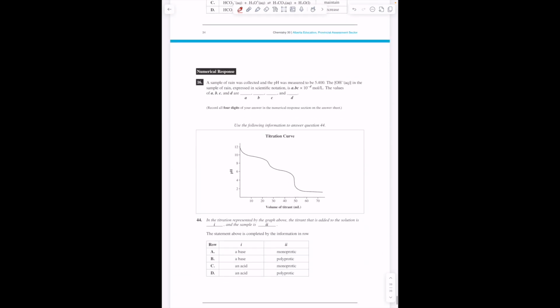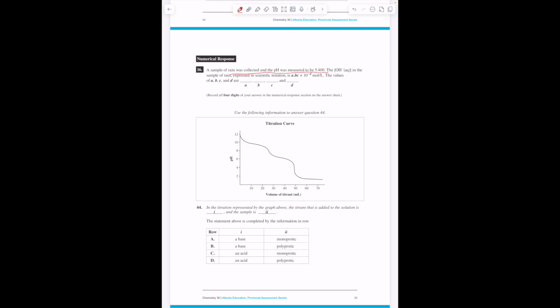All right, 2 more questions. Let's go. Rain is collected, pH is 5.4. Okay, they want to know the OH. Well, okay, so that's the trick, right? You got pH, but they want to know what's the OH. Okay, so if my pH equals 5.400, my pOH is 14 minus that number, which is 8.600.